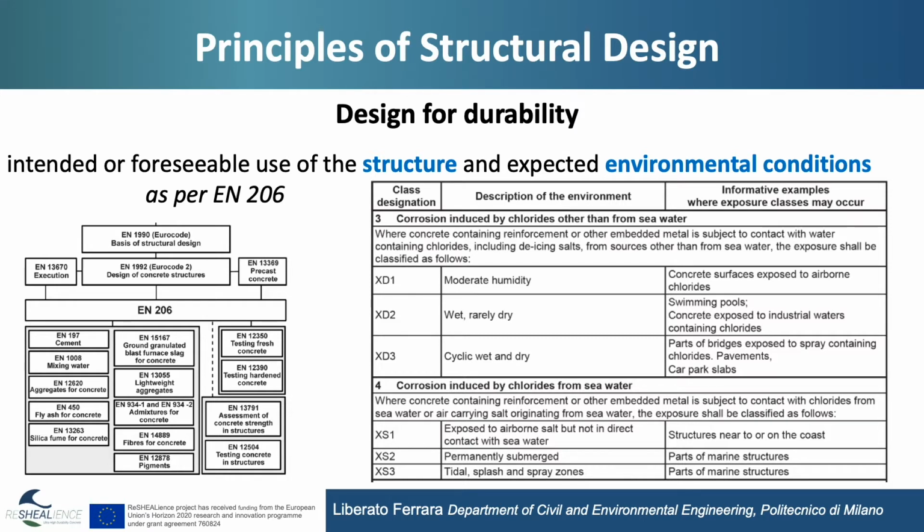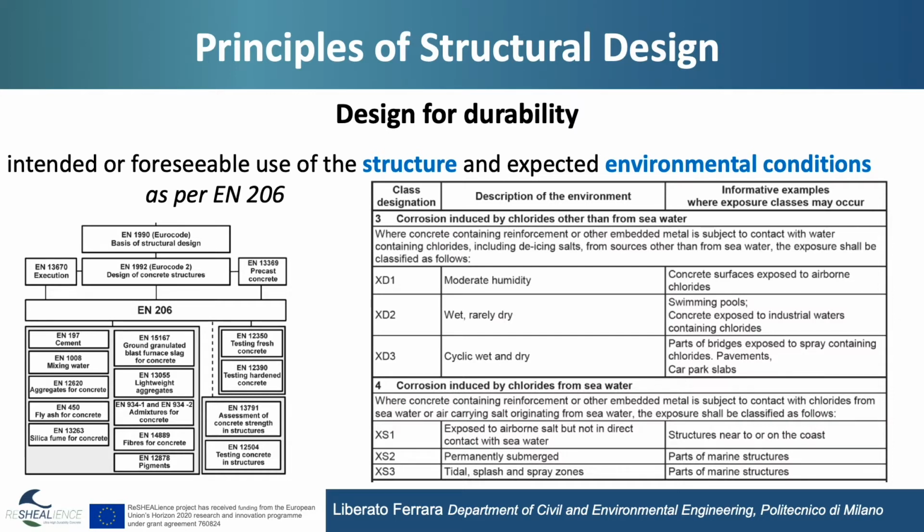Class XS, corrosion induced by chlorides from seawater, can be airborne salts, not in direct contact with seawater, class XS1, class XS2, permanently submerged structures, or class XS3, tidal splash and spray zones.